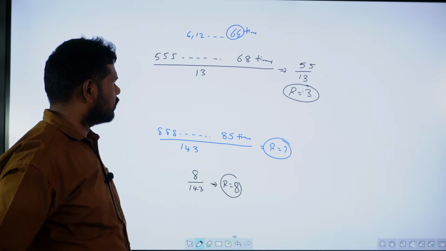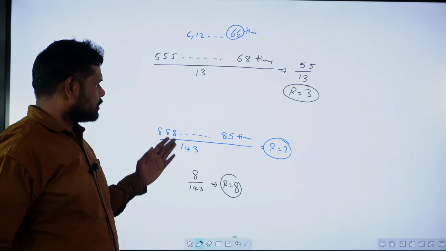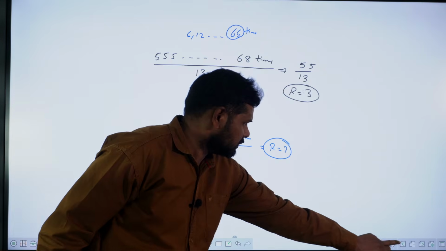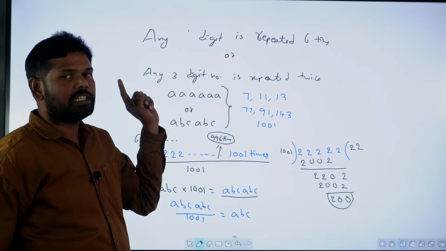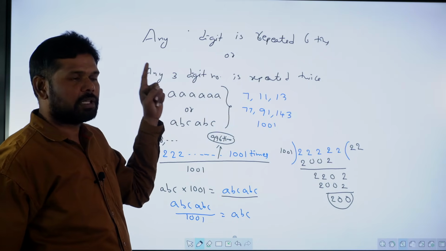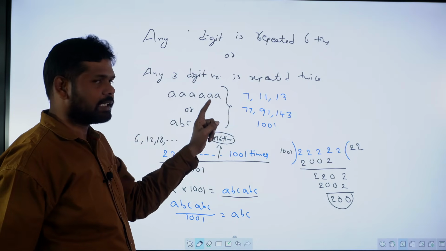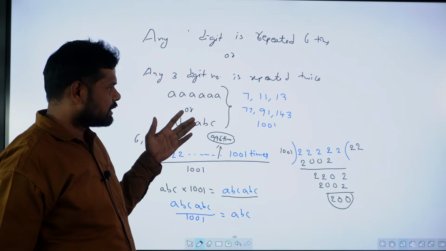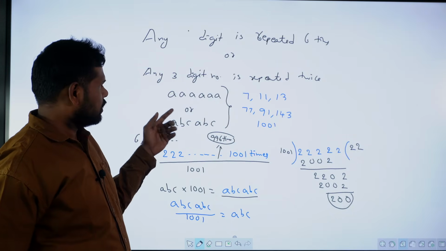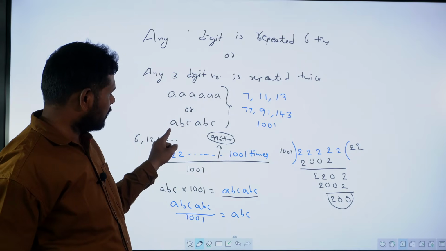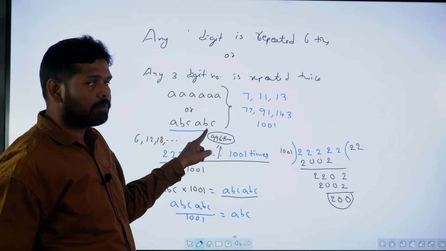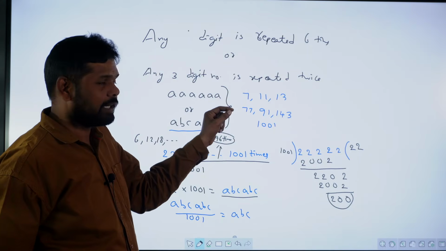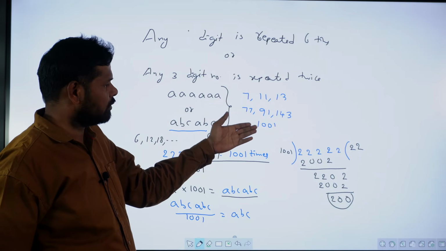So like that we are going to solve any questions framed based on this statement: any digit repeated 6 times. Those types of numbers are always divisible by 7, 11, 13, 77, 91, 143 and 1001. Those are the divisibility rules. Questions are given in the form ABC, ABC. Options are framed as only 7, only 11, only 13 and 1001.